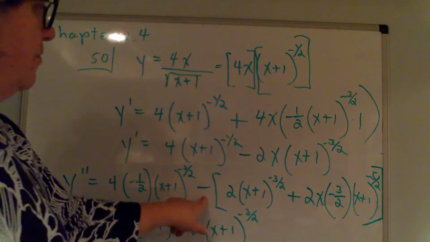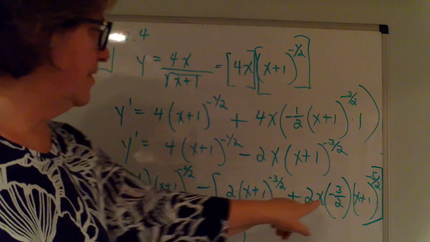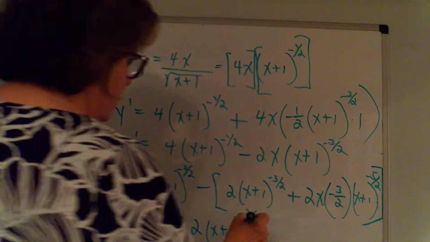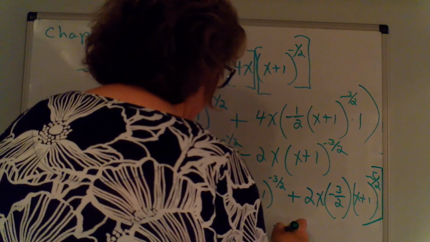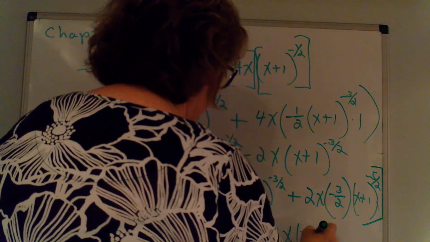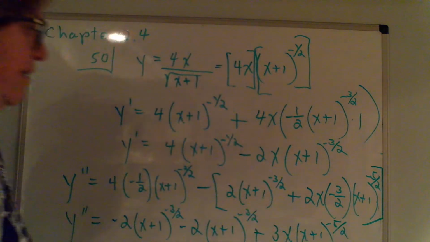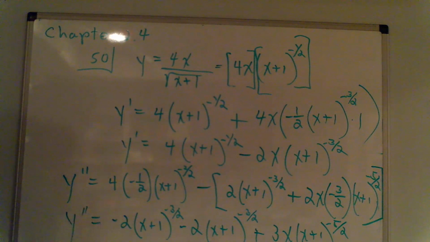And then when we distribute this, we have a negative and a negative. That's going to be a positive. These 2's will cancel, so we'll have plus 3x times x plus 1 to the negative 5/2. And let's just leave it there. We could get a common denominator. We could do lots of things to it.